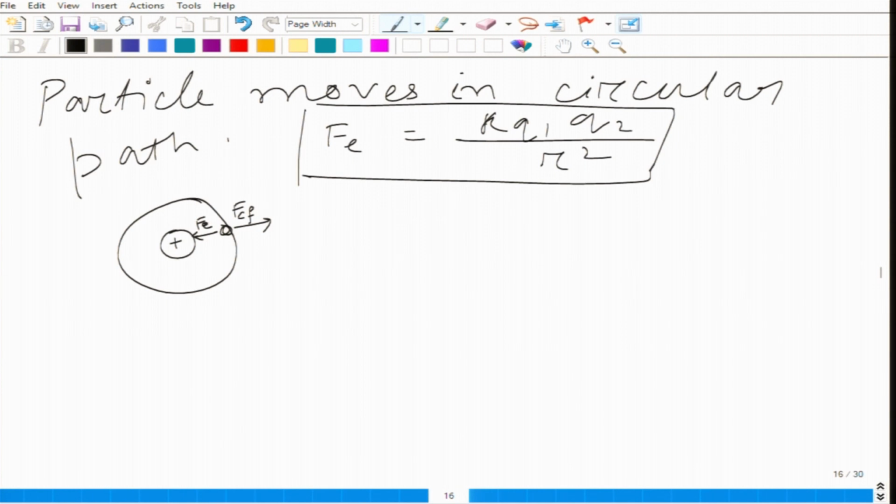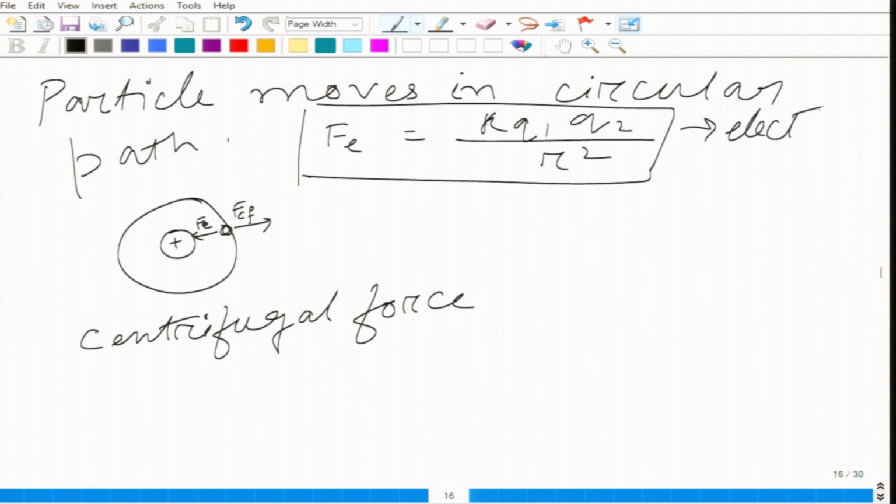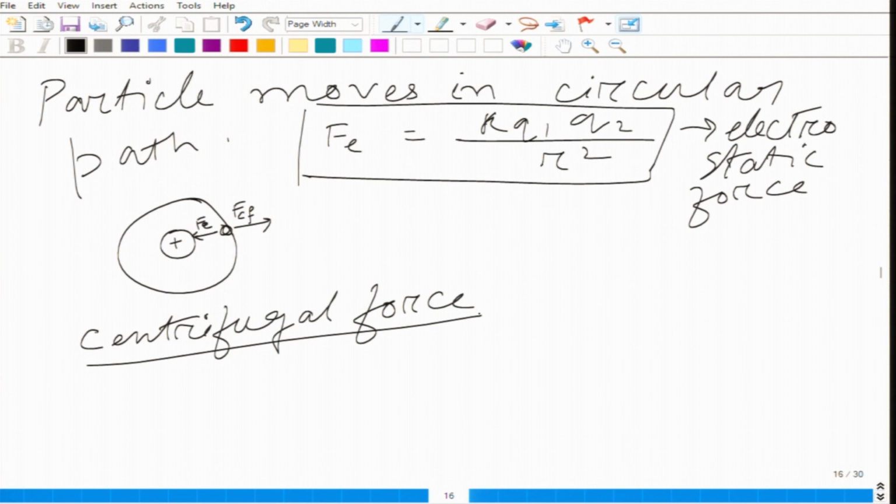What is the centrifugal force? That centrifugal force is a force that acts on a particle moving in a circular path.